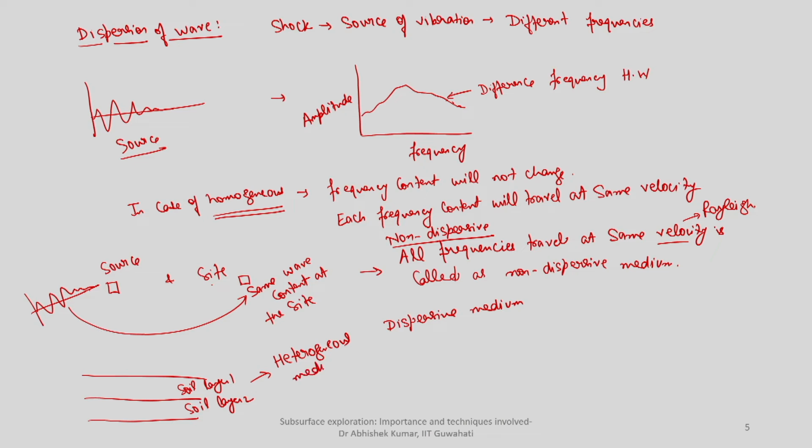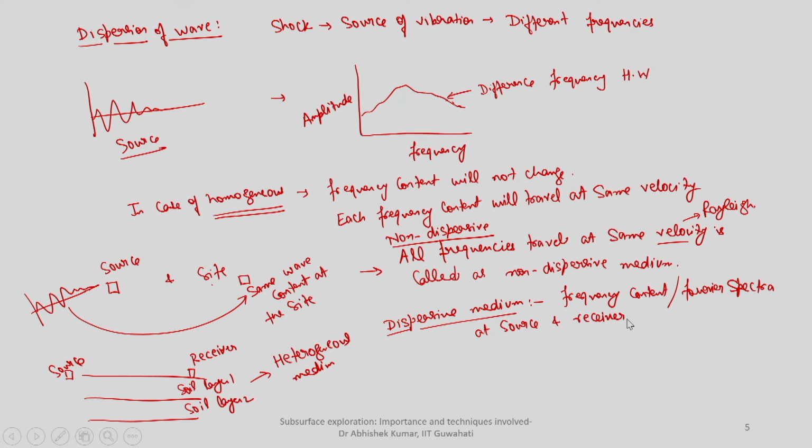heterogeneous medium. What will happen in this medium, if you put a source here and a receiver here? The frequency content at the source and receiver will be different, that is, the Fourier spectra at source and receiver, because finally you will be interpreting the results received at the receiver.